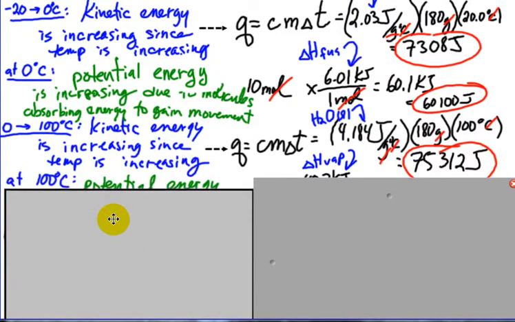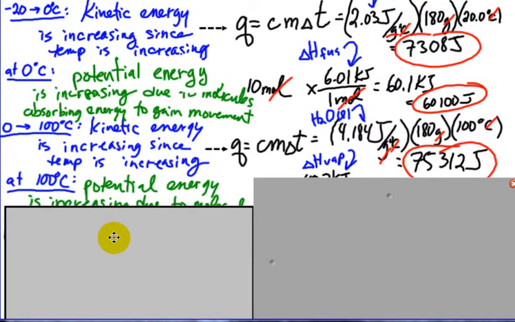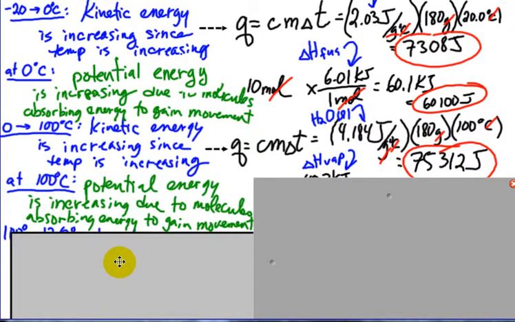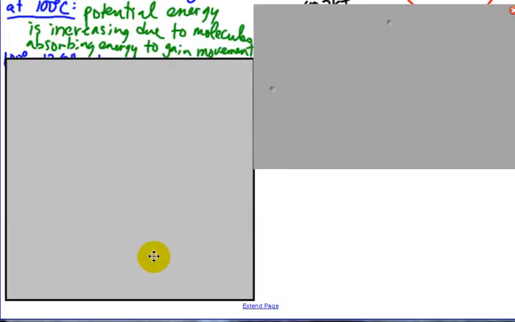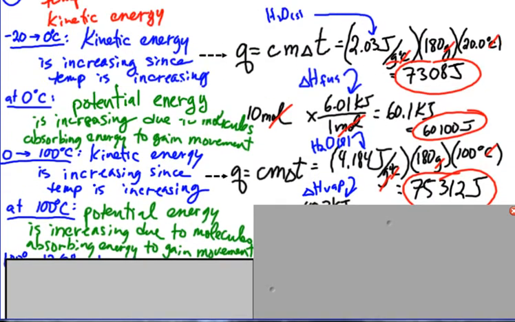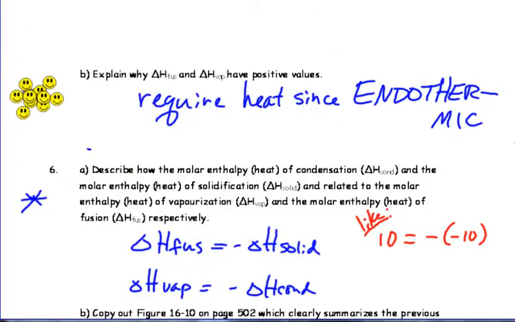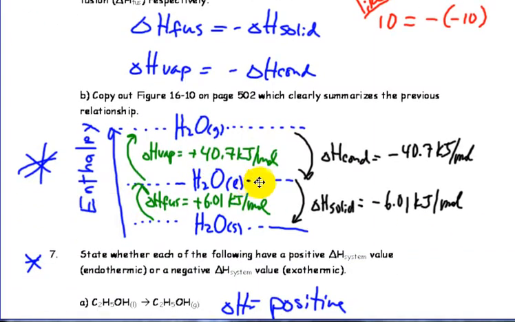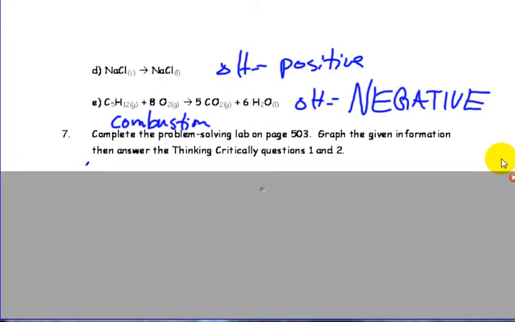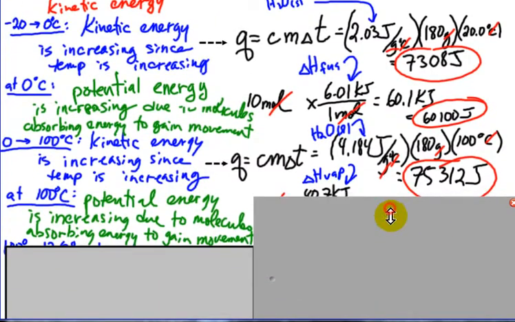Then of course at 100, it stays at 100 for a while, so that must mean there's no kinetic energy increasing, it's potential energy again increasing. And this time going from liquid to vapor, liquid to gas, enthalpy of vaporization 40.7, since we're using water there.